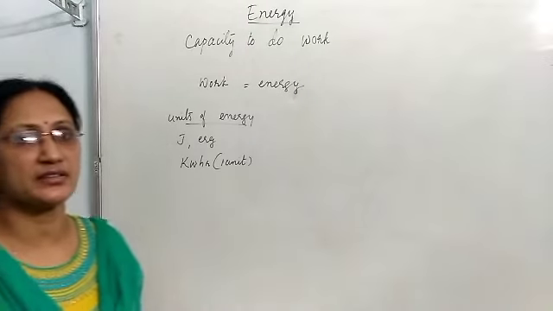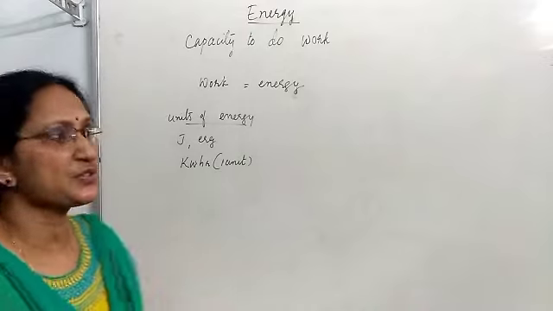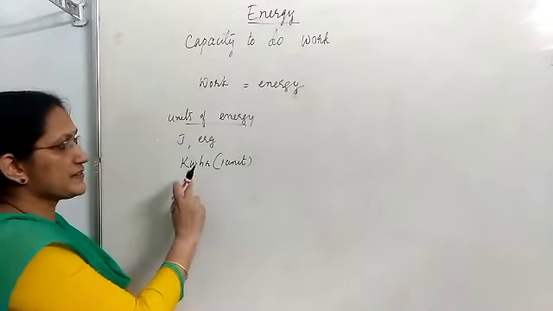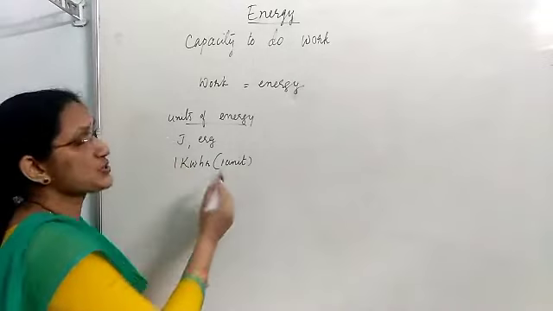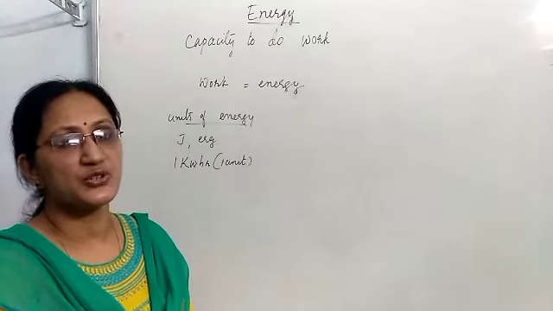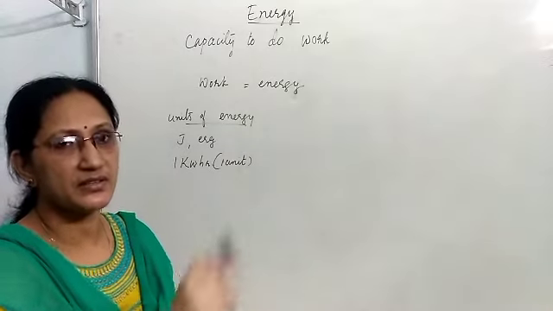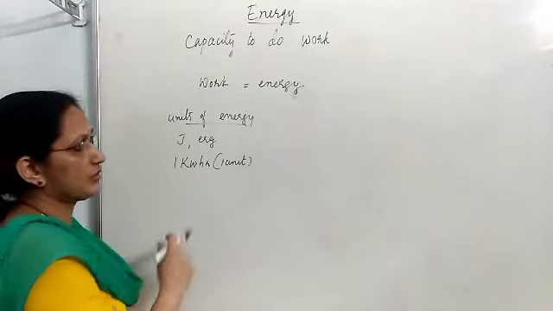Usually when we consume electric energy for commercial purposes, it is not measured in joule or erg, it is measured in kilowatt hour. 1 kilowatt hour we call 1 unit. Electricity consumed at home is measured with a meter. In that meter, electricity is measured in this unit, kilowatt hour.